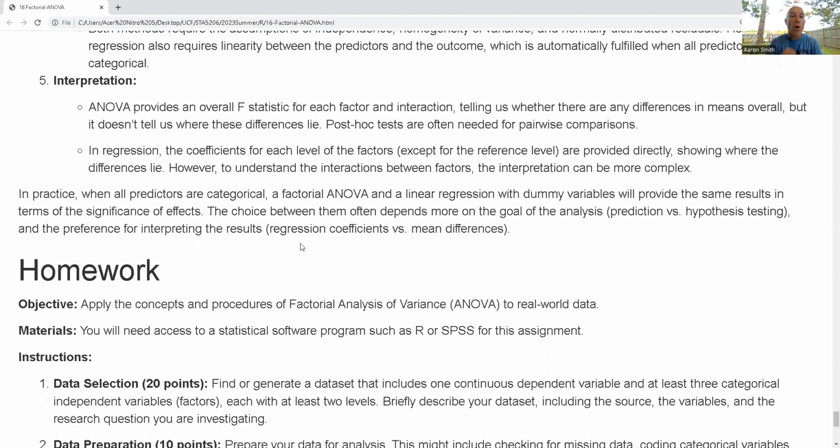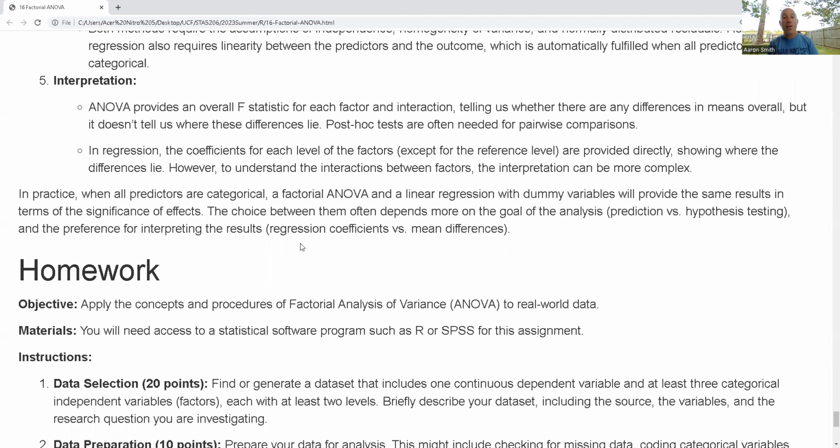Now, for the interpretation, this is where there is probably the biggest difference. ANOVA provides an overall F statistic for each factor and interaction, telling us whether there are any differences in overall means. But it doesn't tell us where those differences are. Post hoc tests are often needed for pairwise comparison. In regression, the coefficients for each level of the factors except the reference level are provided directly, which is nice, showing us where the differences lie.